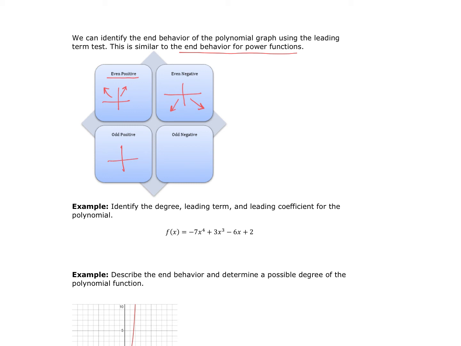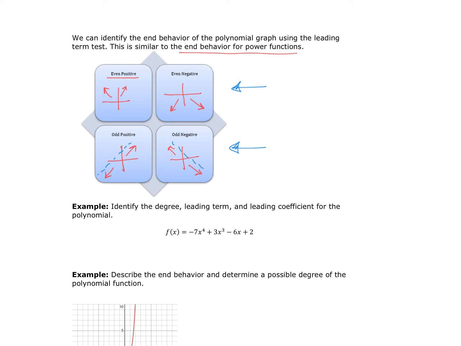Similarly, for an odd positive, it will go up in the first quadrant and down in the third quadrant, and for odd negative, it will be reflected. So I like to think of the top two as either up, up, or down, down. And for the odd positive or odd negative, it's like a positive slope or a negative slope.